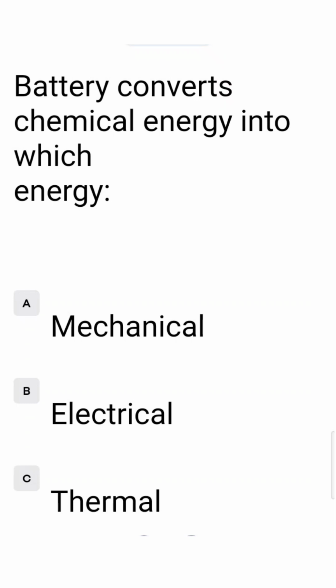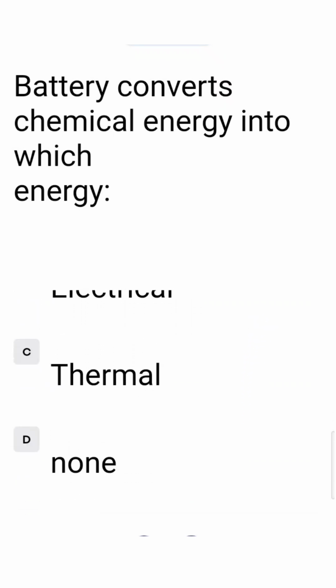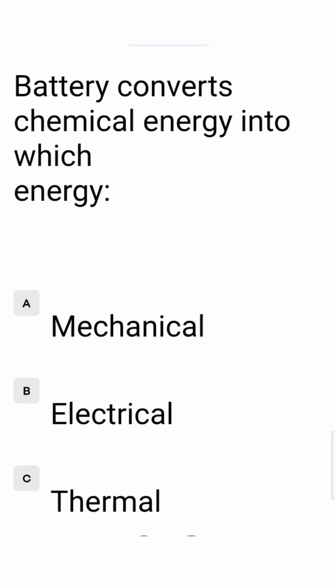A, mechanical energy; B, electrical energy; C, thermal; D, none. Battery converts chemical energy into electrical energy, that is in option B. So we tick at option B.